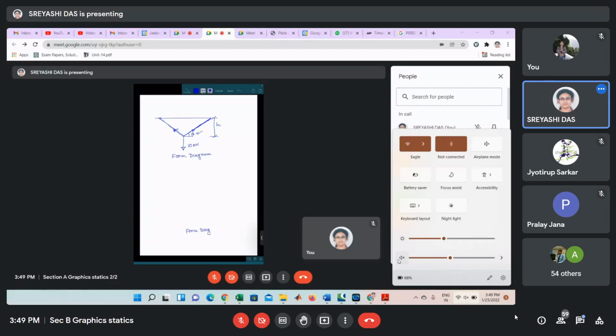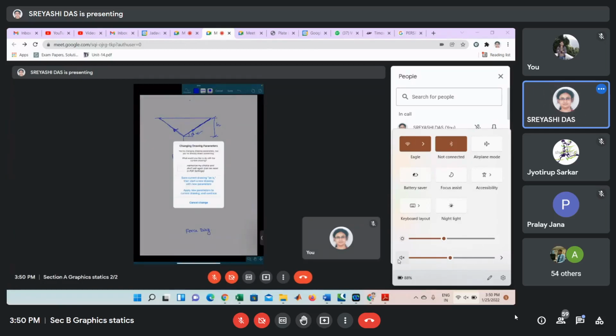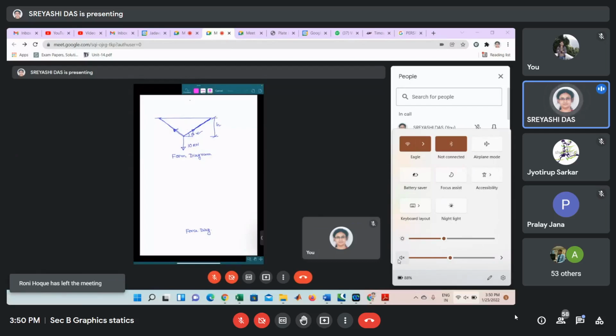Now, first of all, we will name the spaces here. So here basically 3 forces are acting, 10 kilonewton downward and 2 forces in the 2 strings.